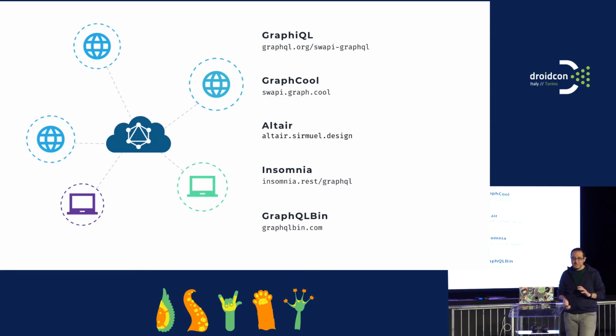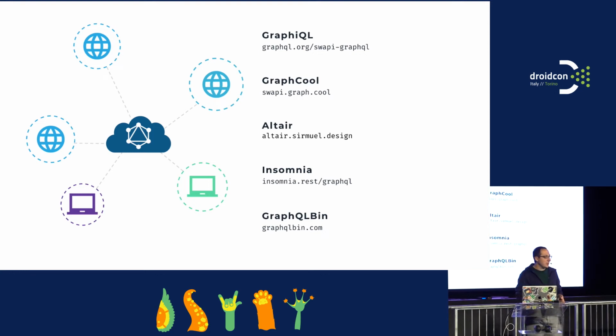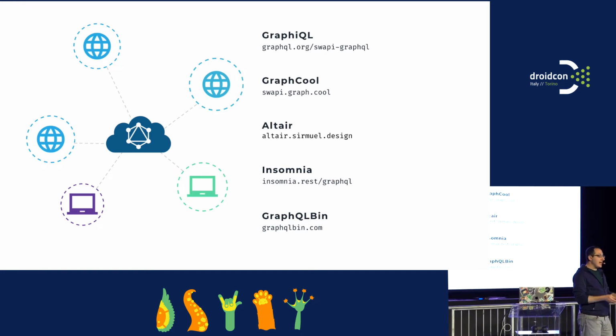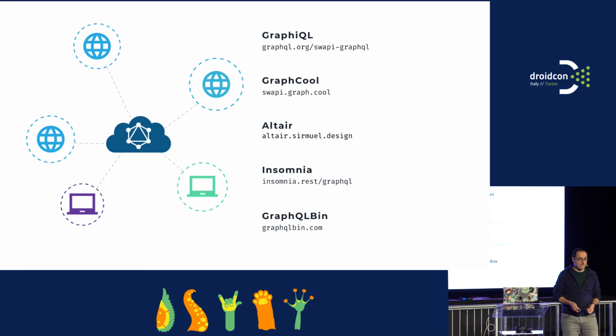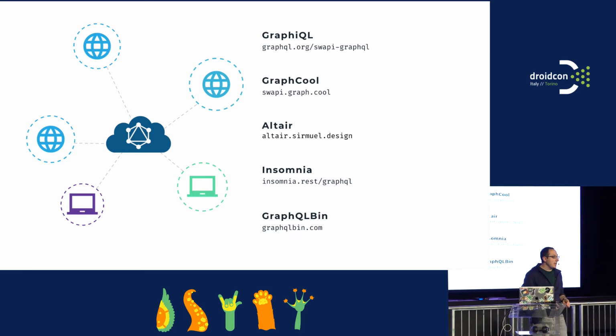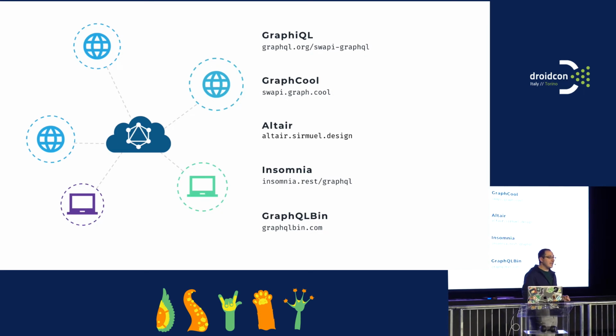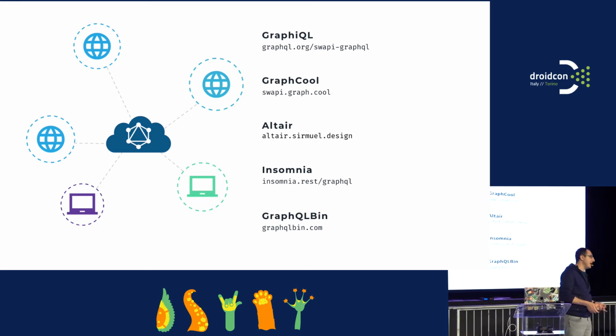They're quite complicated to pronounce when they put graph in front of everything. But all those tools can be used to write and debug your queries, so you know exactly what you're getting and if there is something wrong with the response you're getting.